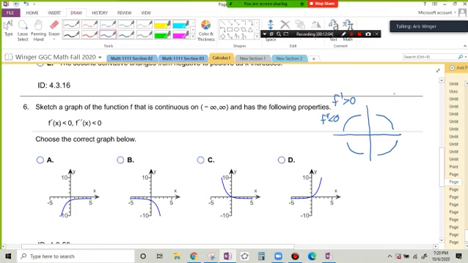F prime positive, f prime negative, f double prime negative, f prime positive, f double prime positive, f prime negative, f double prime positive. I need them both to be negative. I need to be going down and facing downwards. Looks like it's this, and they're saying this is the case over the whole line, everywhere.